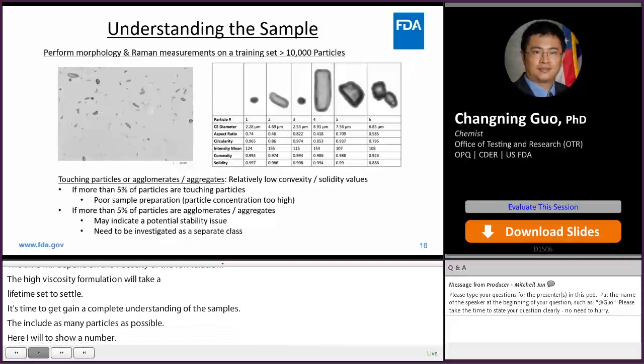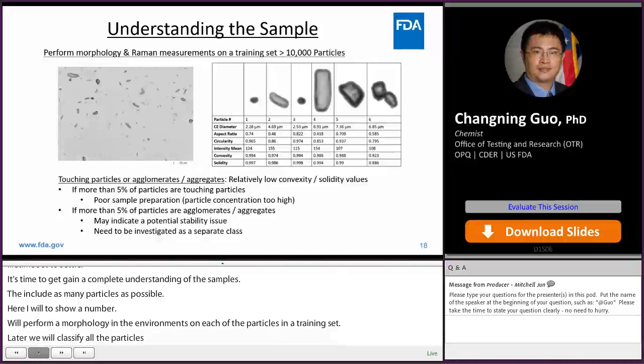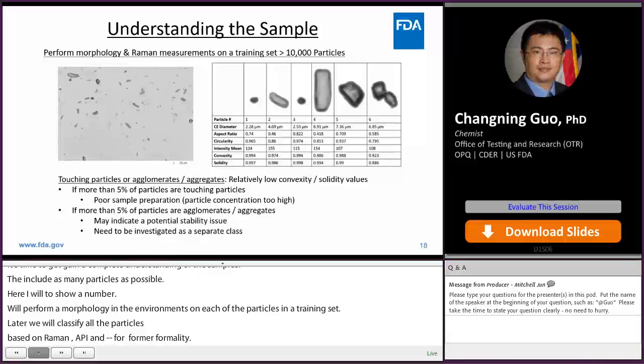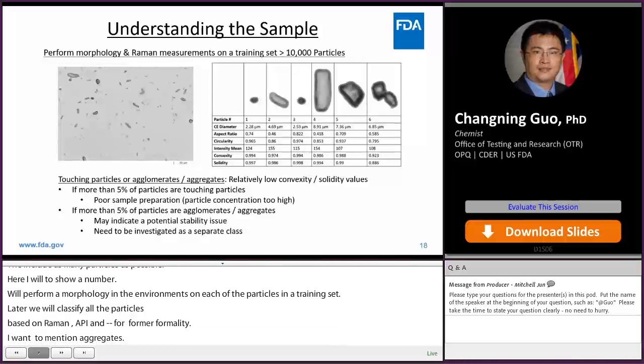Before we move on, I want to mention again about touching particles, or agglomerates, aggregates. Some of the applications choose to exclude them from further analysis, but it may not be a good practice all the time. If more than 5% of particles are touching particles, it indicates a poor sample preparation.